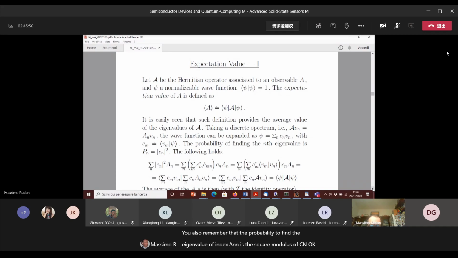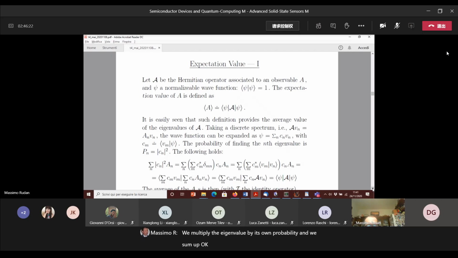So obviously, if we want to calculate the average value of the eigenvalues using the standard procedure of statistics, what should we do? We take each eigenvalue An. We multiply the eigenvalue by its own probability and we sum up.